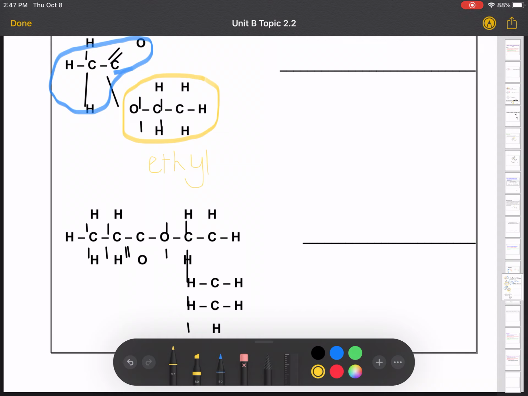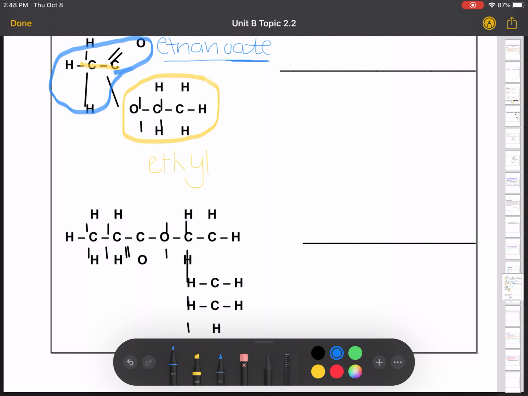And then the other part also has two carbons. There's a two carbon chain there. So with that two carbon chain, we get an eth as well, but it becomes ethanoate. So always have the carboxylic acid side named with oate at the end. This is really important.